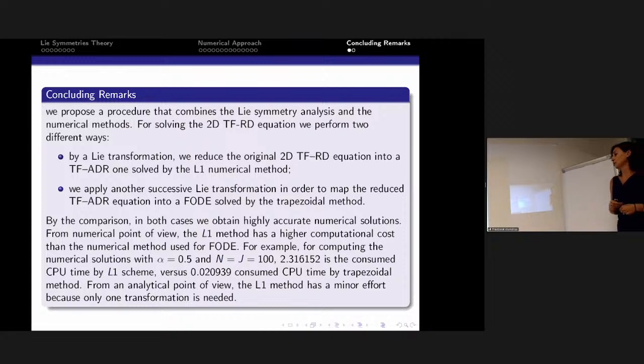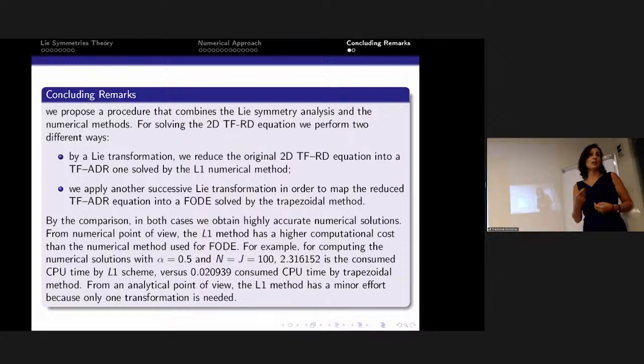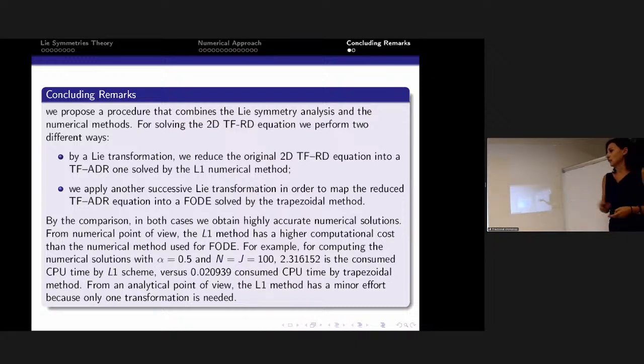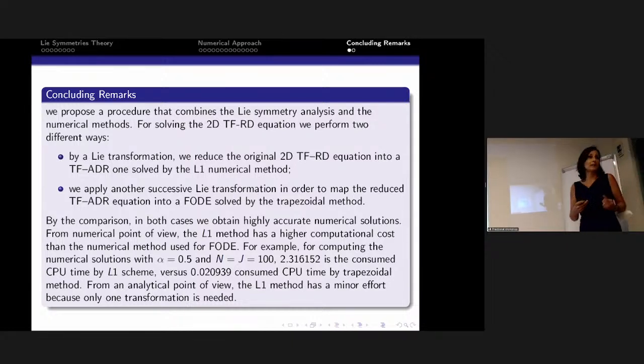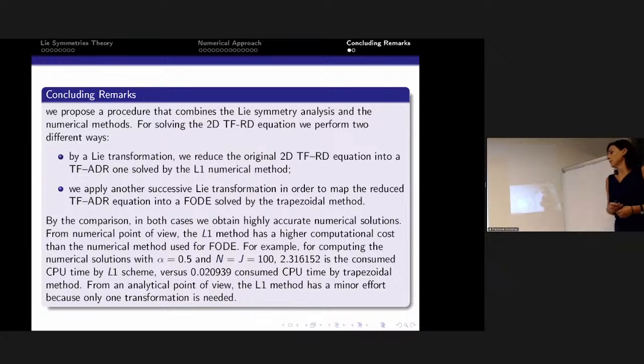But if we have to make more computations, changing the parameters, it's obviously more convenient to use the trapezoidal method, because we compute the transformation only once, and then we can perform a lot of experiments only changing the parameters, and the solution can be obtained by inverse transformation.